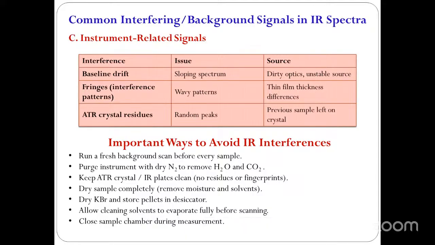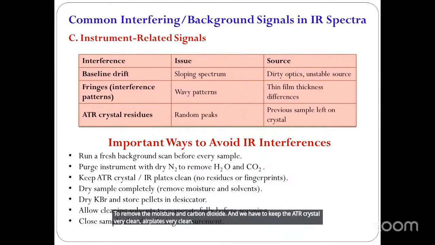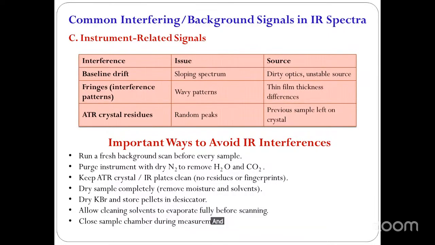It is very important to purge the instrument with dry nitrogen to remove the moisture and carbon dioxide. We have to keep the ATR crystal and air plates very clean, and make sure the samples are dry. If you are using the KBr method, which is a very old method, the KBr should be kept in a desiccator to avoid contamination by moisture.